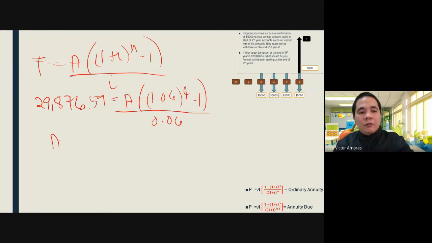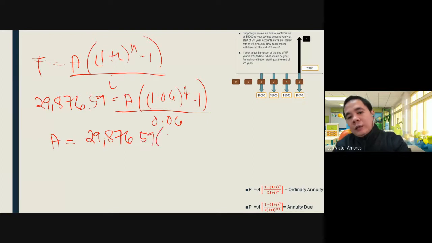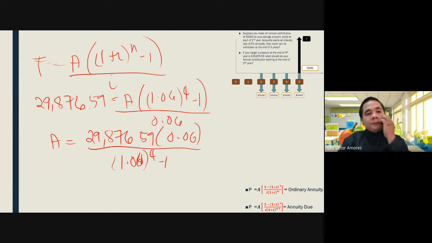So A is therefore equal to 29,876.59 times 0.06 divided by (1.06 to the exponent of 4 minus 1). Okay?